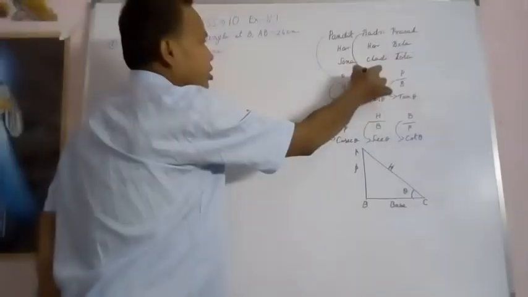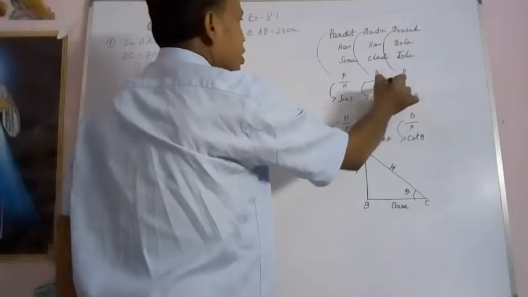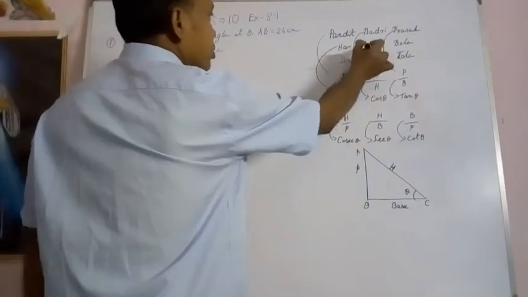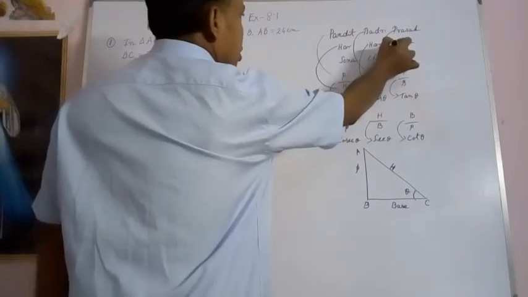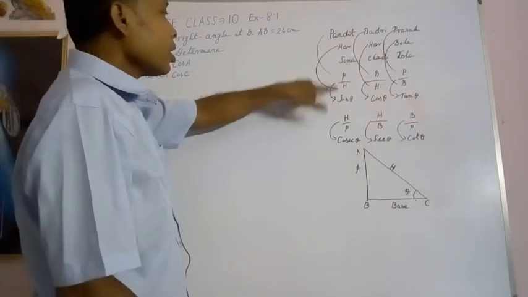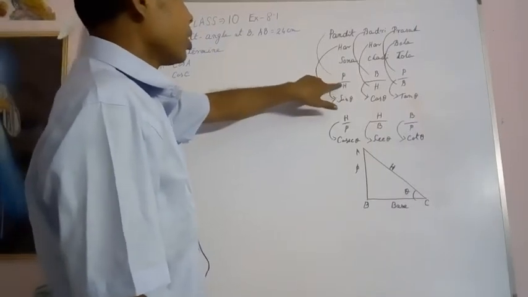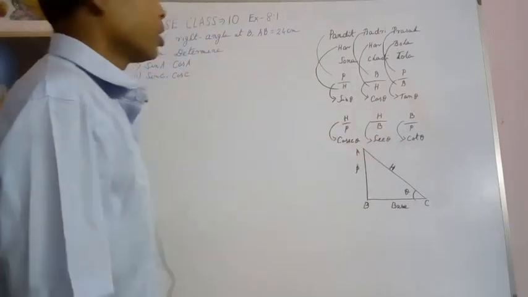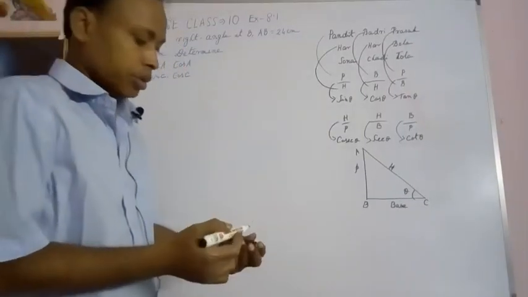P for Pandit, B for Badri, P for Prasad, H for hypotenuse, another H for hypotenuse, and another B for base. Sin theta is equal to perpendicular by hypotenuse, cos theta is equal to base by hypotenuse, and tan theta is equal to perpendicular by base.